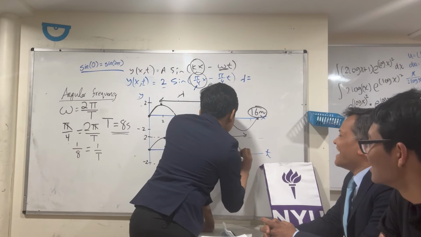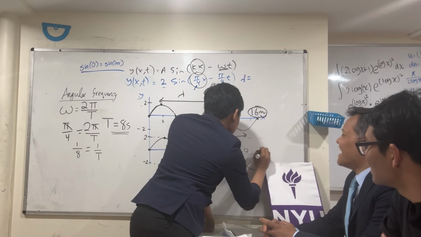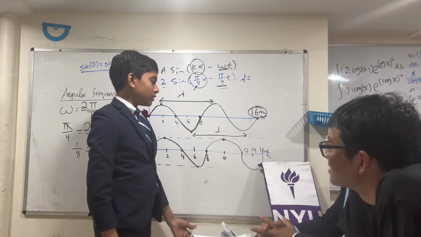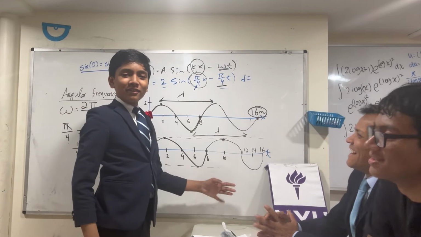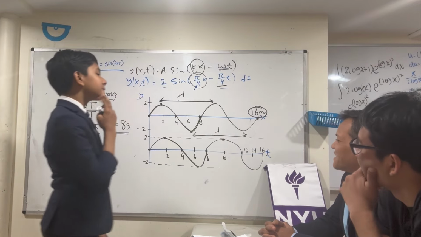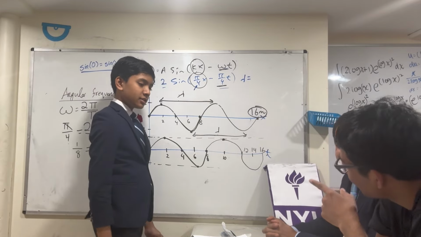I'm going to extend it to one full cycle. What is the period of this? It's still 8, but I understand why they get confused, because it looks like 2 waves.